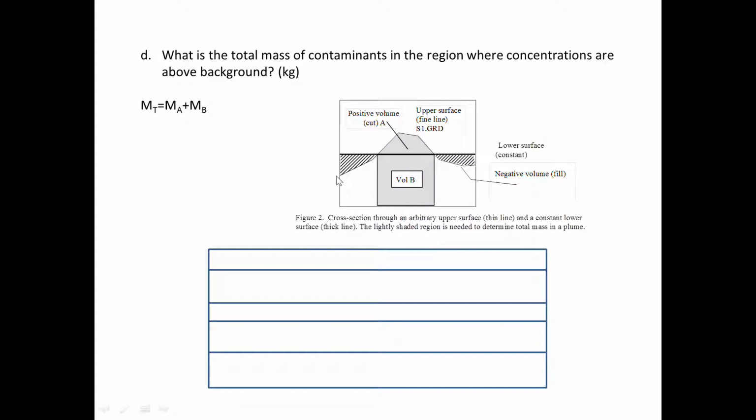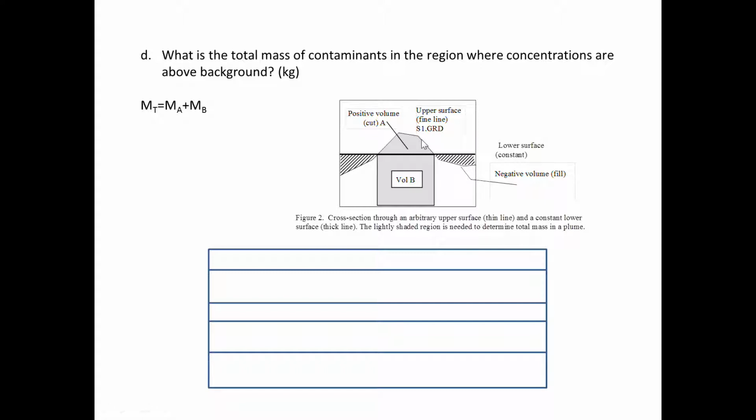This is a cross-section through the plume, and the surface is right here. And so what we've done, with this 2,000 micrograms per liter, is put a surface like that. That would be the lower surface, which is constant. This surface S1 would be our concentration surface.